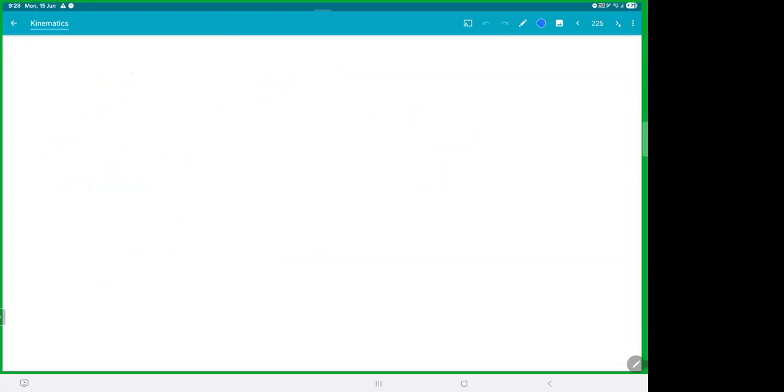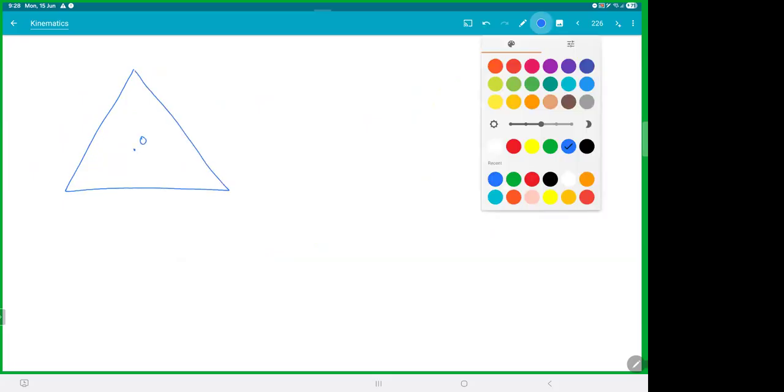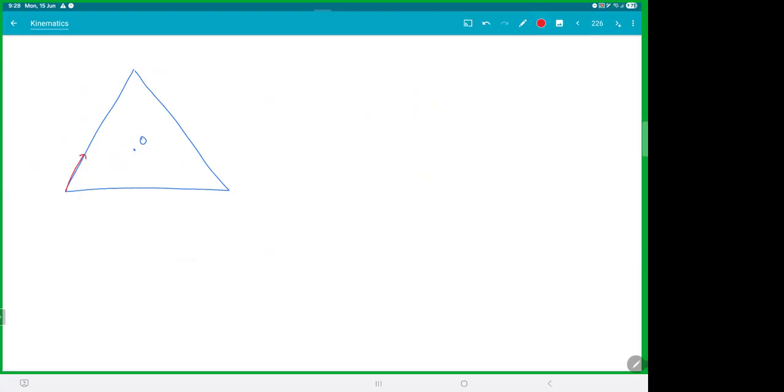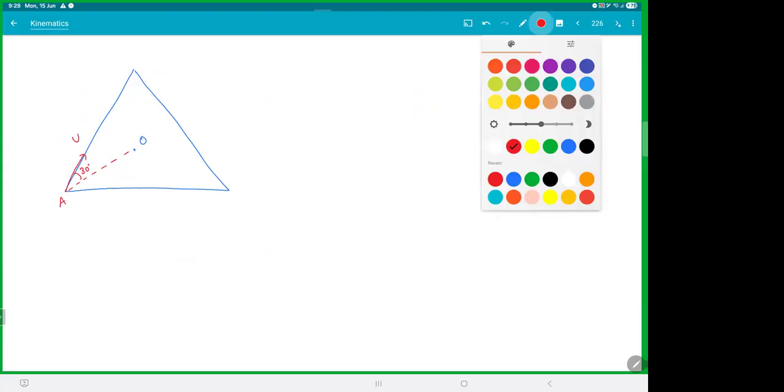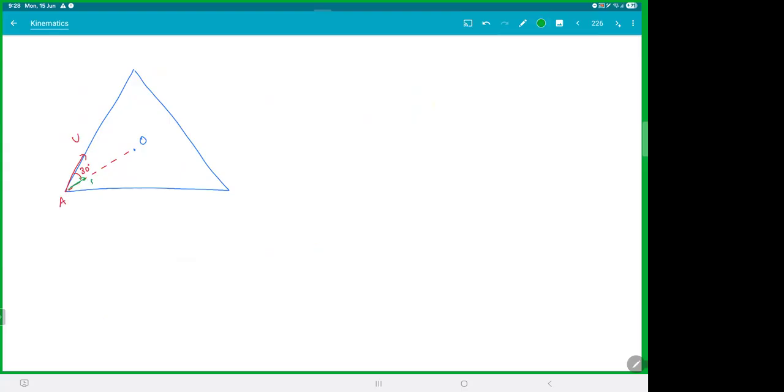Now see, in the exam you will do this. You will say, okay, this is the equilateral triangle, this is the centroid. This guy is going with u, but technically he's going toward the centroid. This was 30 degrees, this was point A. So your velocity towards the centroid was u cos 30.